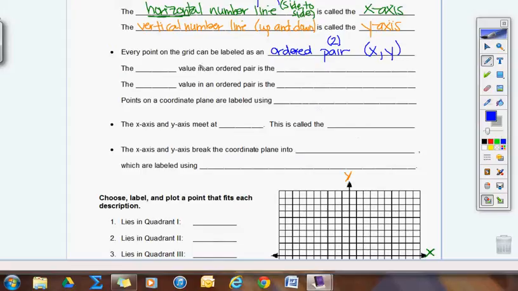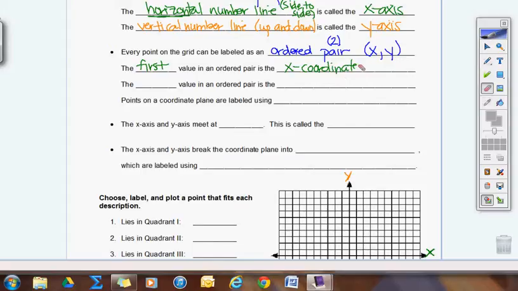The first value in the ordered pair, the x value, has another special name. We call it the x coordinate. You might have heard the word coordinates before, like in maps, talking about x or y coordinates.